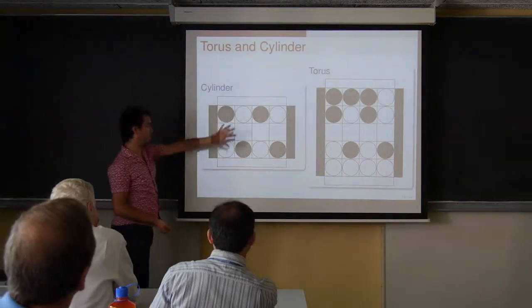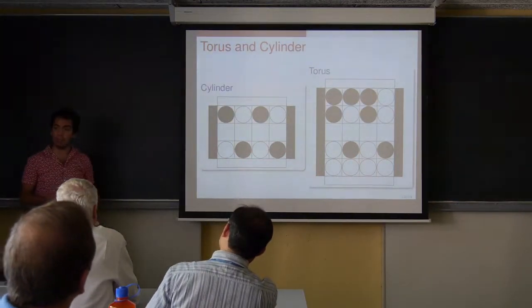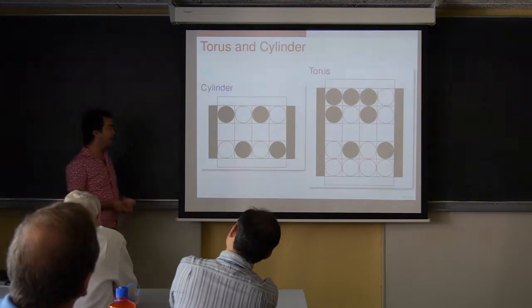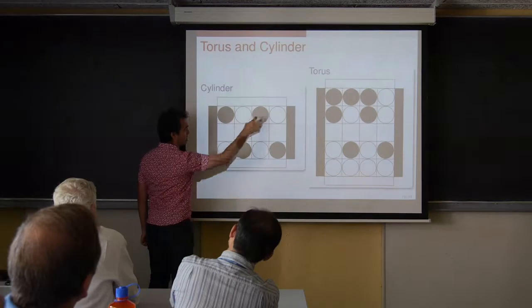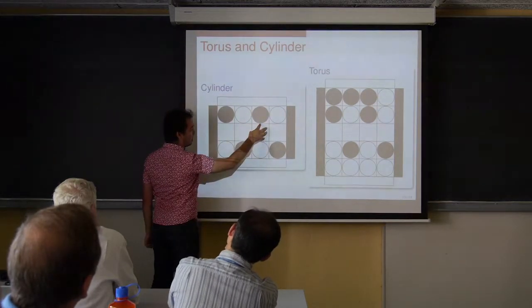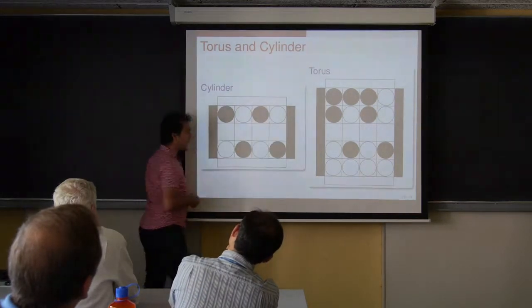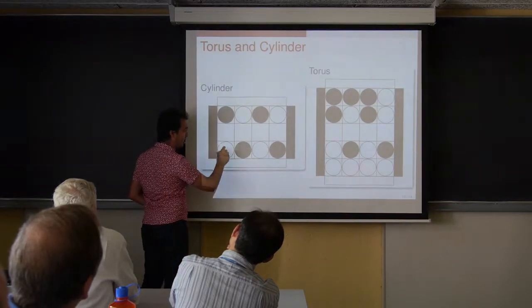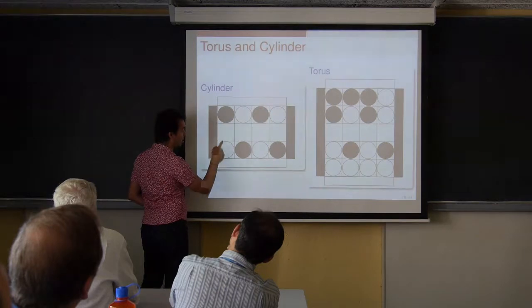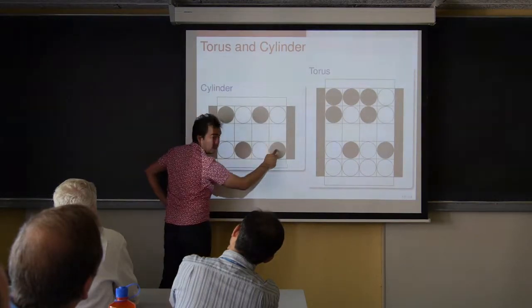So this is an example of a drawn position because no player has a legal move. For black, it is not legal to play here because there are two forbidden patterns. Not legal to play here for the same reason. And it's not legal to play here because there's a forbidden pattern here and another one with those two cells and those two cells.